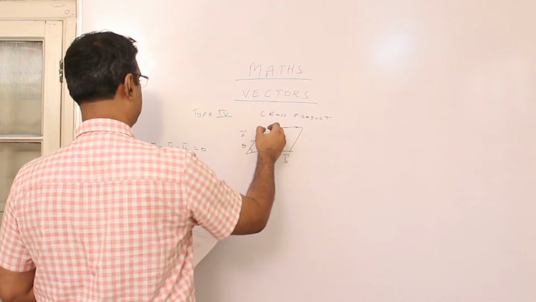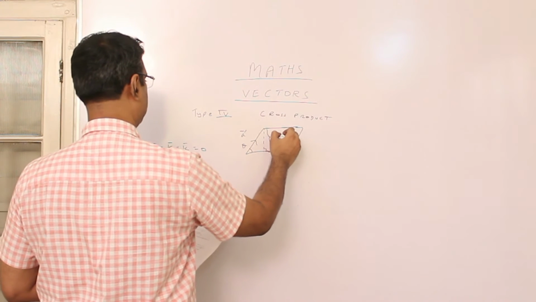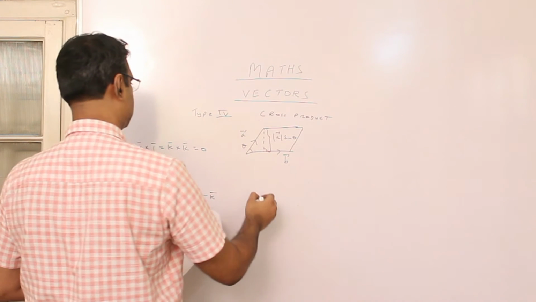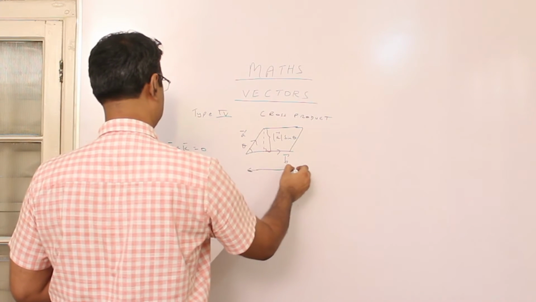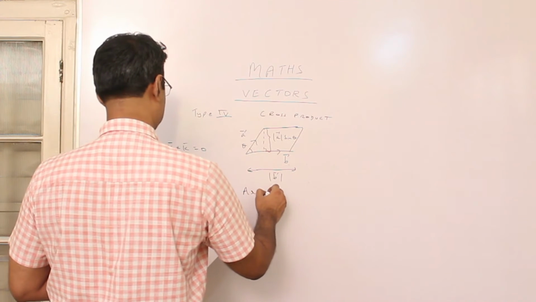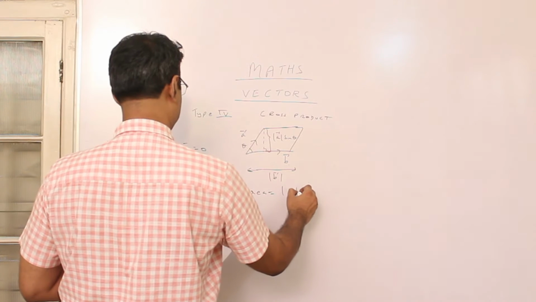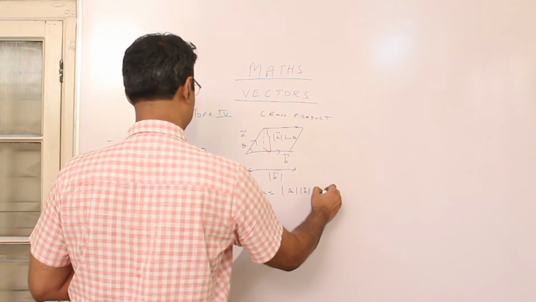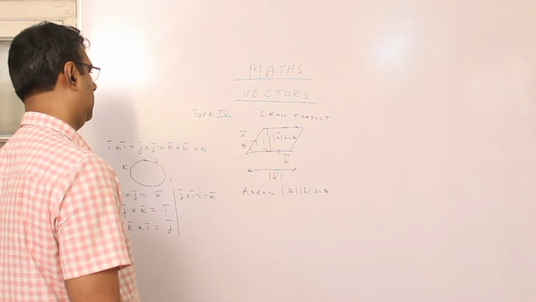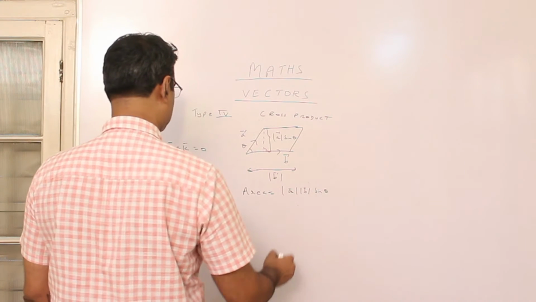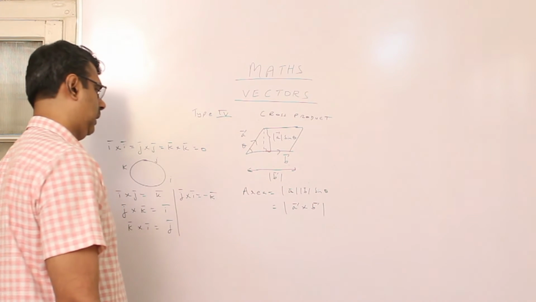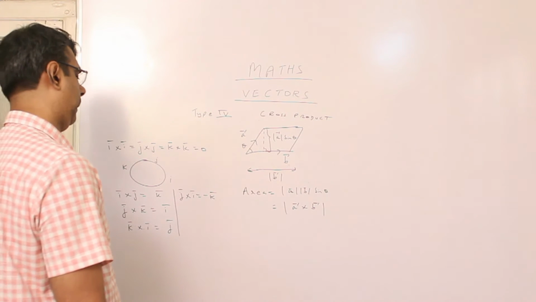Now if you drop a perpendicular, this height will be modulus A sine theta, and this base will be modulus B. So the area will become modulus A into modulus B into sine theta. So this is the formula to find the area of the parallelogram, which is nothing but modulus of A cross B.